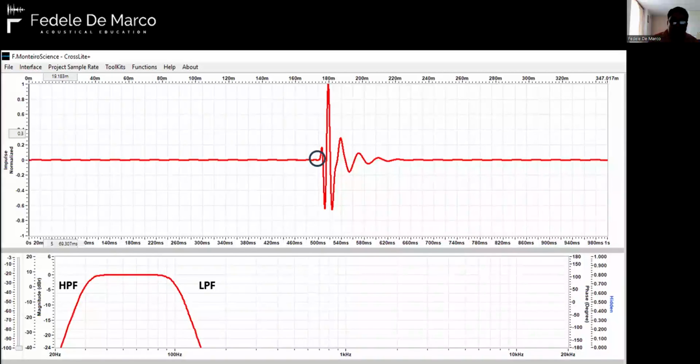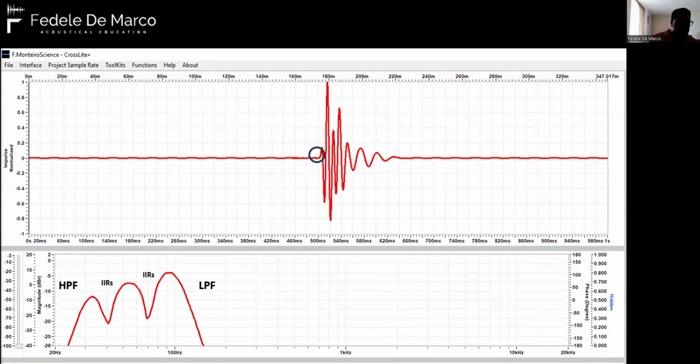The waveform now is complex. We add some sort of EQ processing, and we can see the waveforms are again changed. The more complex the processing, the more complex the smearing and modification of the impulse responses.